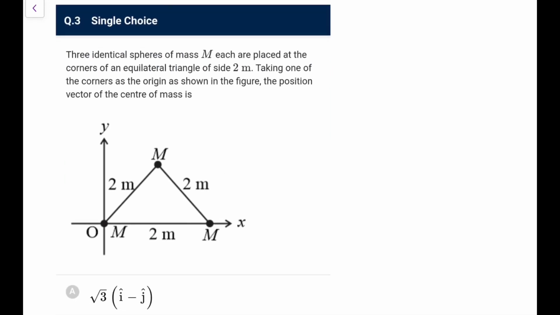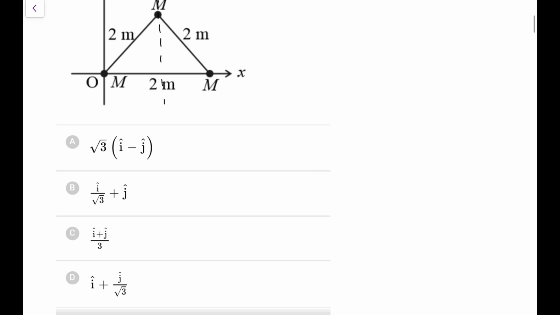Next one. 3 identical spheres, each of mass m, are placed at the corners of an equilateral triangle of side 2 meters. Taking one of the corners as the origin as shown in the figure, the position of the CM will be. First of all, from symmetry you can make out CM will be on this line, that means XCM is 1. So this is rejected, this is rejected, this is rejected, you have got the answer.